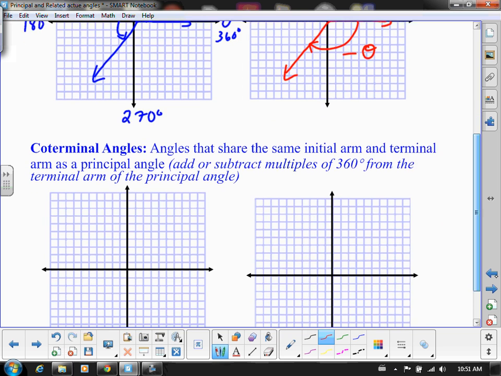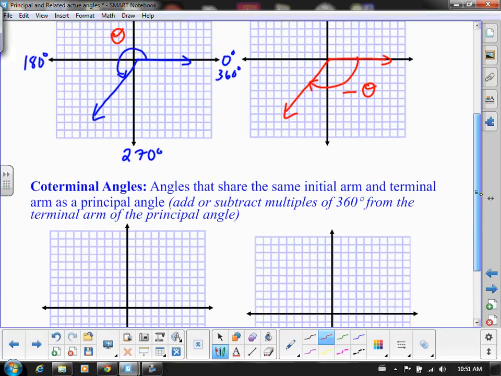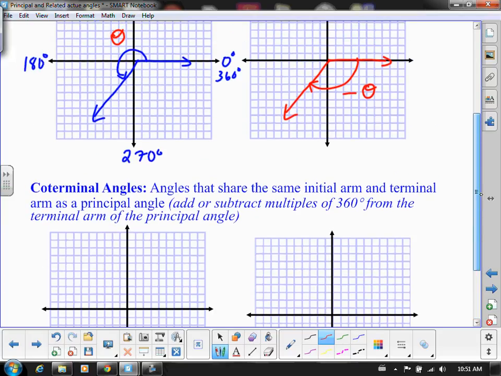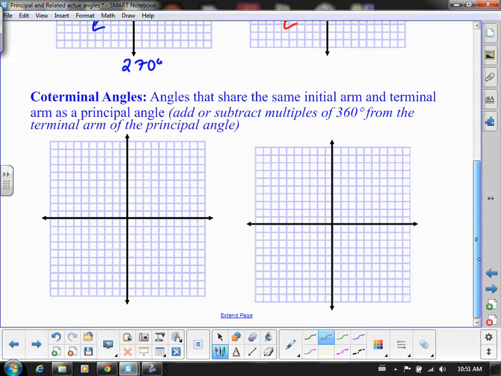Now, we're not going to worry too much about this, but just so you're aware of the terminology: the angles that I have up top here are examples of coterminal angles. Even though I came to them in two different directions, they land in the same spot. They are basically separated by multiples of 360 degrees. If I were to draw an angle at 60 degrees, I'm going to draw a coterminal angle.